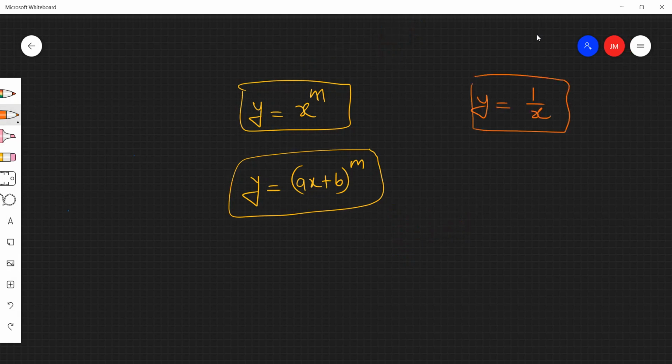This is the reciprocal function, y equals 1 upon x. You know its first derivative: if y is 1 upon x, then dy by dx is minus 1 upon x squared. But I don't want the first derivative. I want the nth derivative so that I could find any derivative.